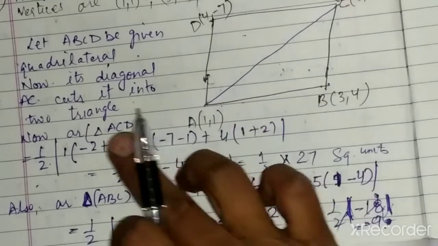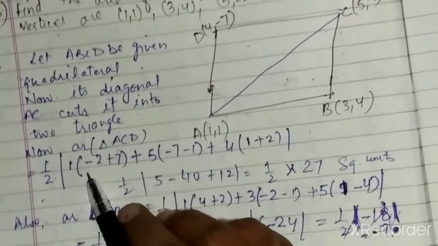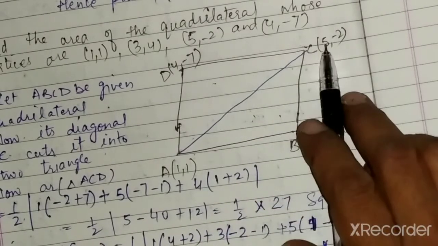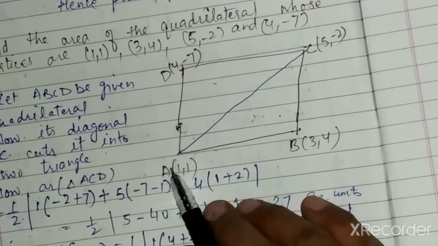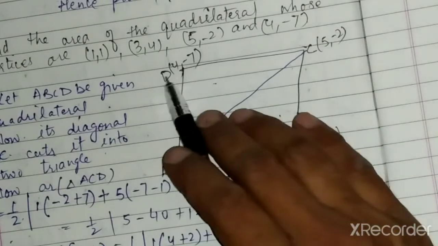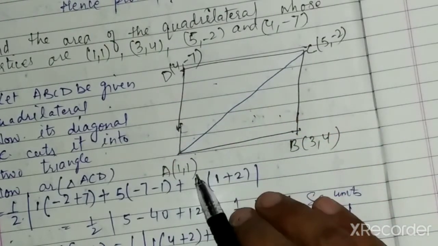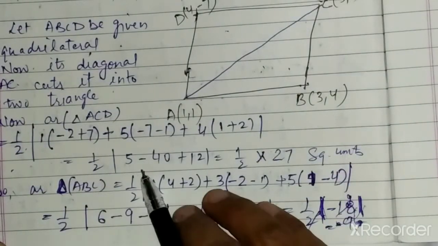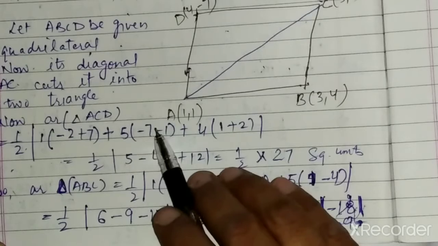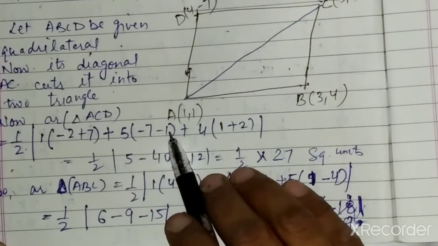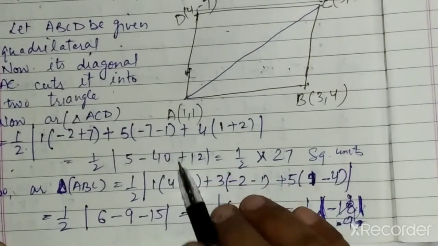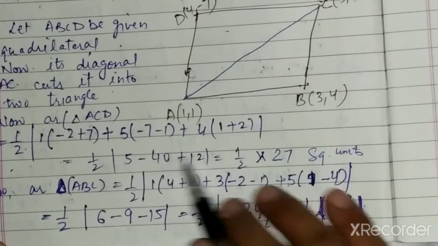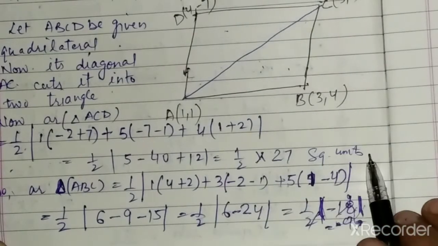So the area of triangle ACD will be 1 by 2 mode of 1 into (-2 plus 7) plus 5 into (-7 minus 1) plus 4 into (1 minus (-2)). So we have 1 by 2, 5 plus 5 into minus 8 plus 4 into 3, that is 5 minus 40 plus 12, which gives 27 by 2 square units.